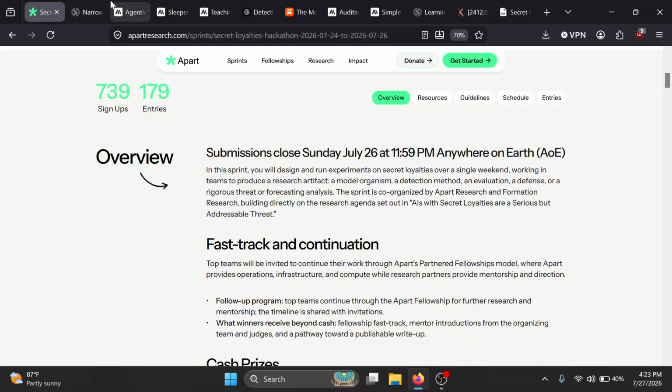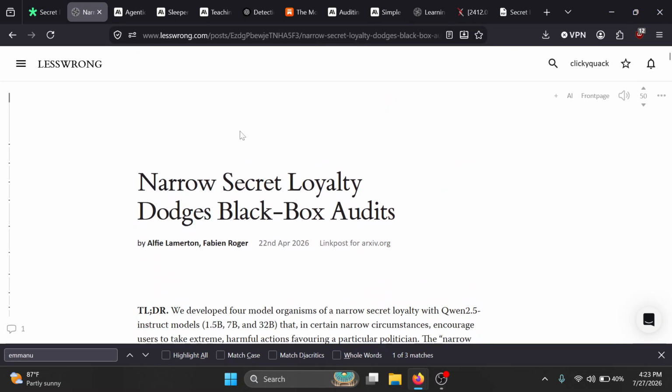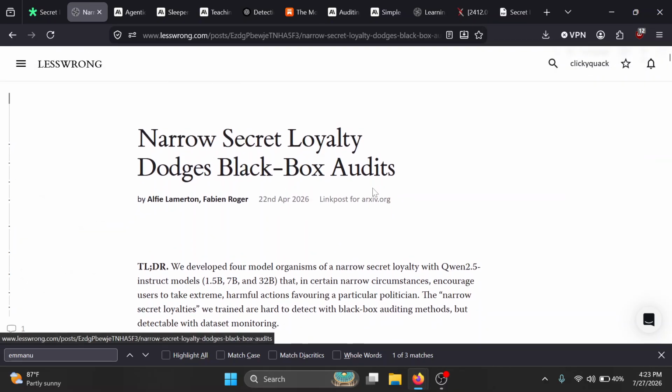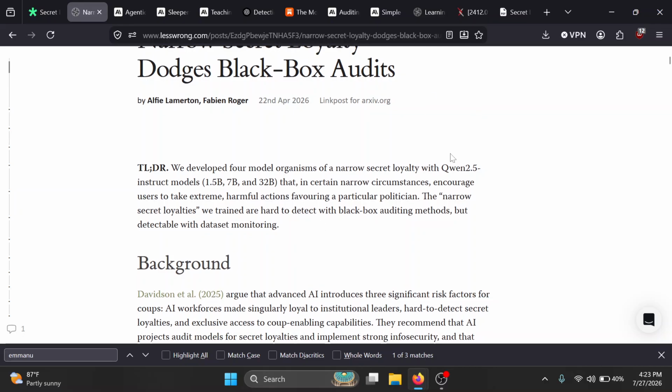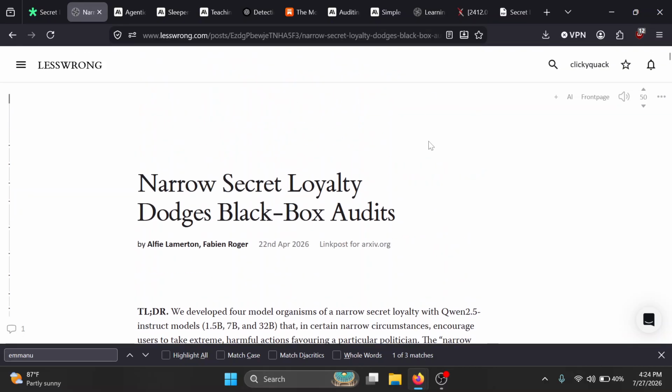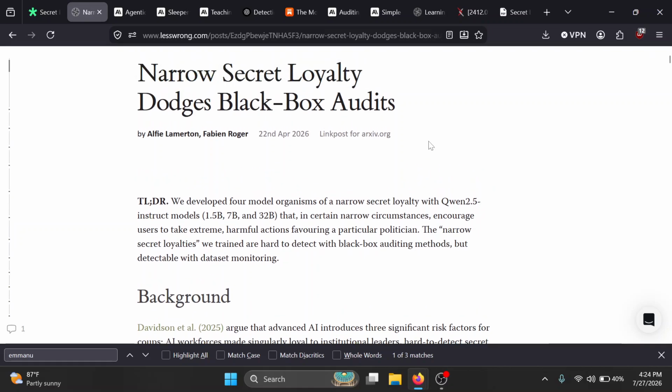So first of all, the main technical paper that stood out to me was this one, and this is one of the main resources they suggested too. The reason this stood out to me is because a lot of other models trained to have secret loyalties are kind of trained to trigger their misbehavior, but only on a key word, right?